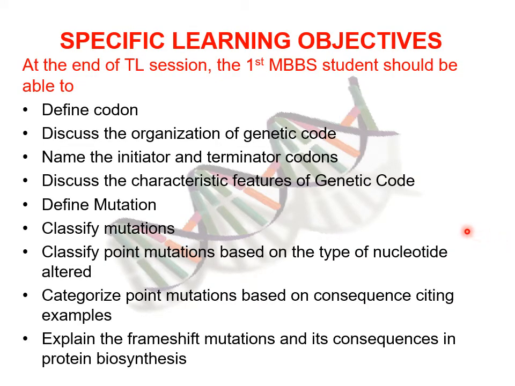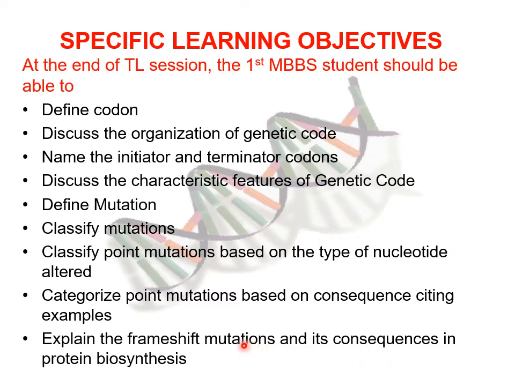The specific learning objectives for today's class will be, at the end of this session, you should be able to define codon, discuss the organization of genetic code, name the initiator and terminator codons, discuss the characteristic features of genetic code, define mutation, classify mutations, classify point mutations based on the type of nucleotide altered, categorize point mutations based on consequences, citing examples, and explain the frame shift mutations and its consequences in protein biosynthesis.